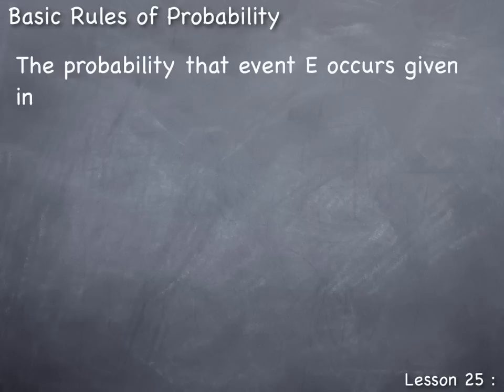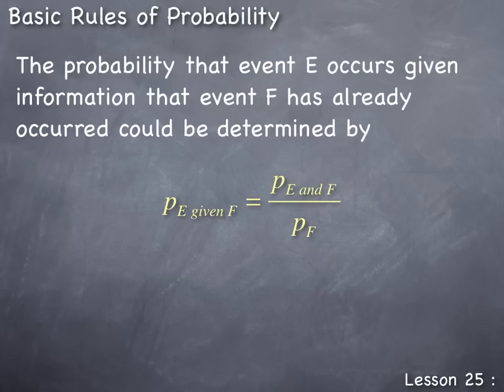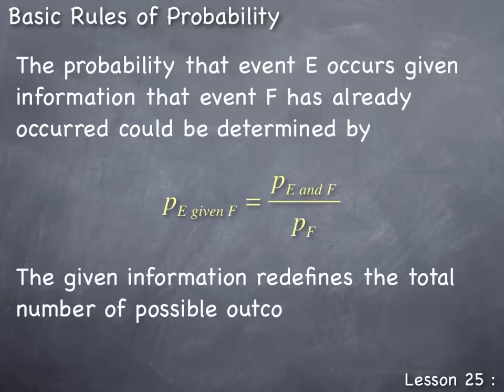The probability that event E occurs, given information that event F has already occurred, could be determined by the following rule. The given information redefines the total number of possible outcomes.